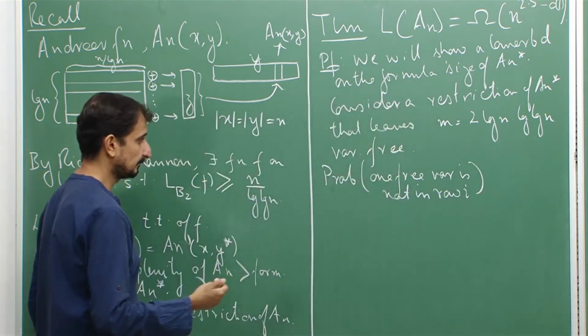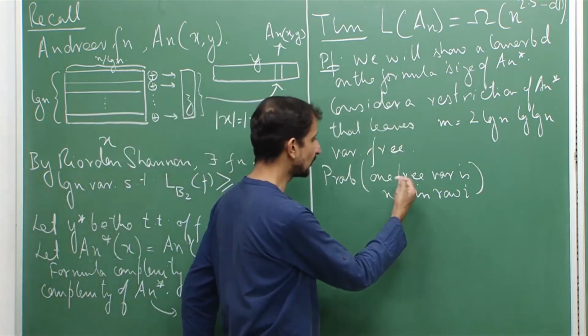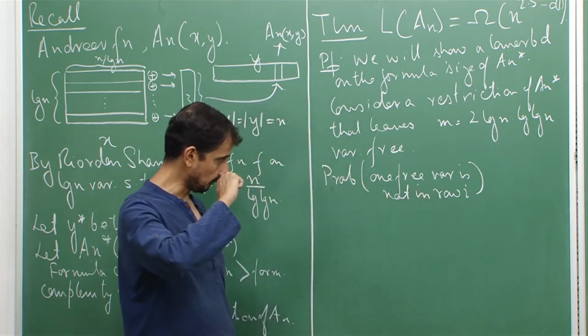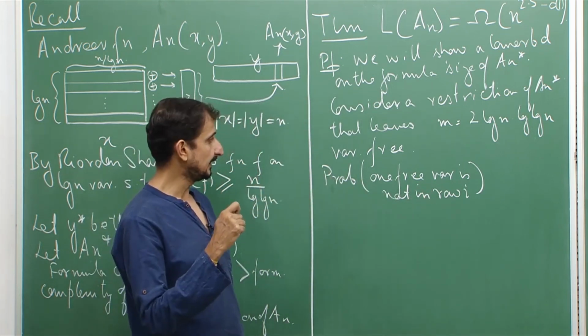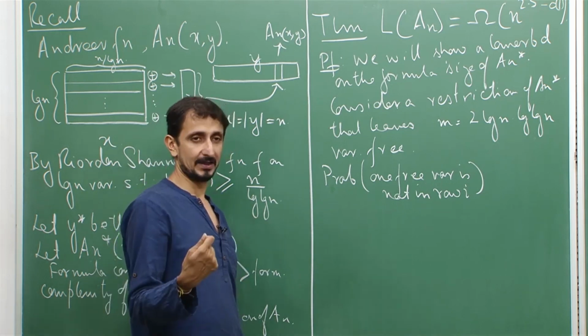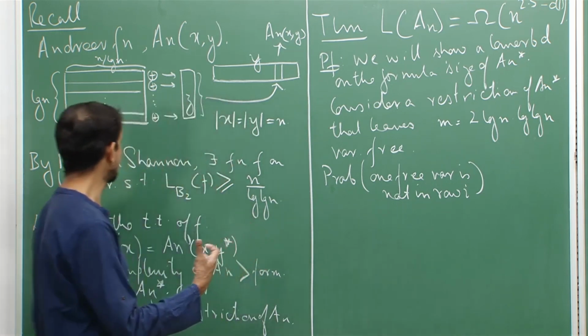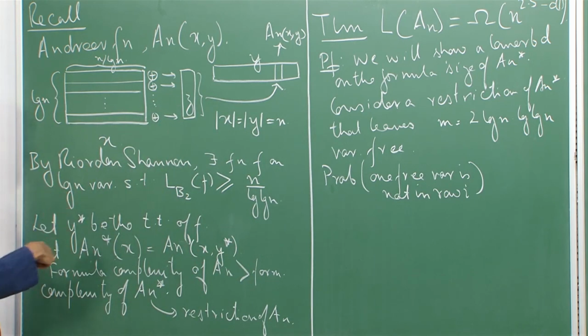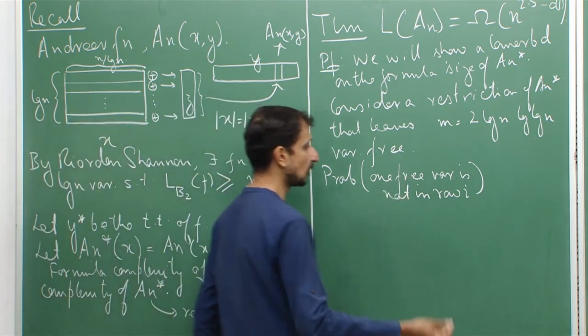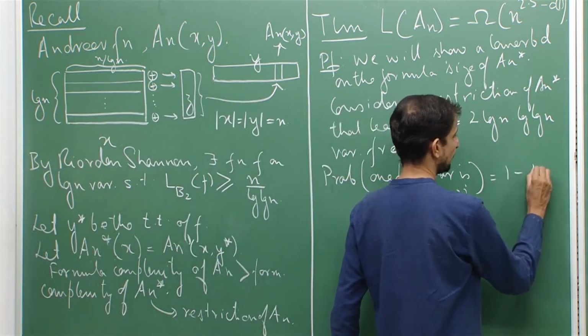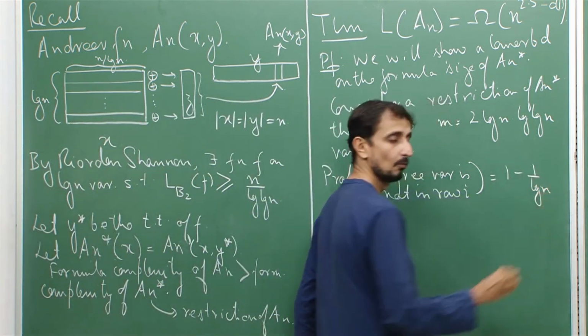I am just skipping a step here. Fix any free variable; what is the probability that the free variable is in row i? How many rows do I have? I have log n many rows. So, the probability that any free variable is in row i is 1 over log n. So, the probability that it is not in row i is equal to 1 minus 1 over log n.